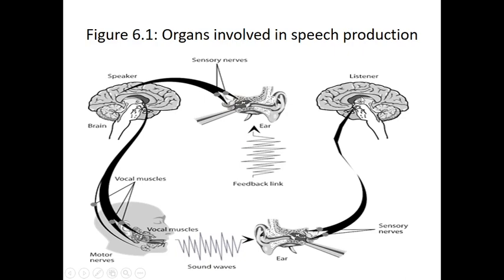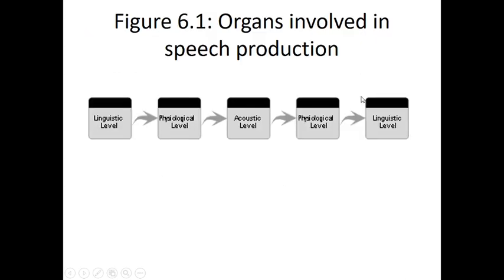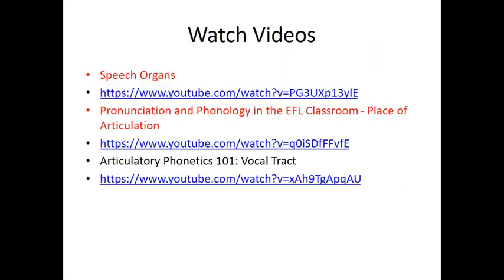So I have some videos for you. So these are the organs involved in speech production, linguistic level, then the physiological, acoustic, physiological level again, the linguistic level. So that's the process. But to make these things easy, I have some videos for you, speech organs.